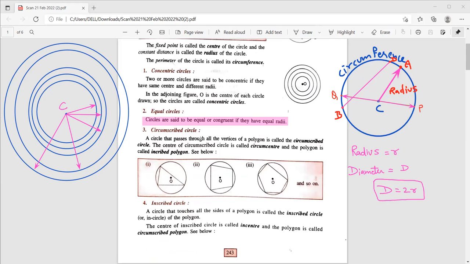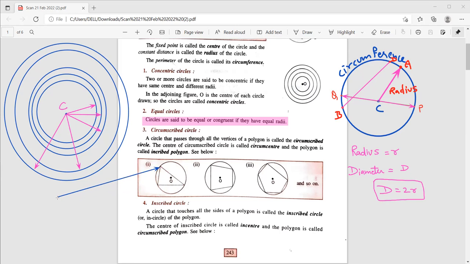Then you have the circumscribed circle. So you have a polygon here, and you draw a circle in such a way that all the vertices of the polygon lie on the circle. Like here, you have a triangle, and you can check that the triangle has three vertices, 1, 2, and 3.